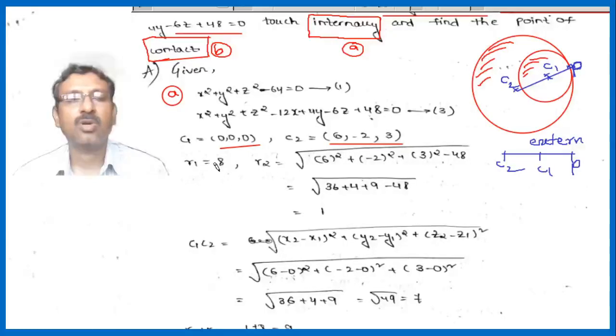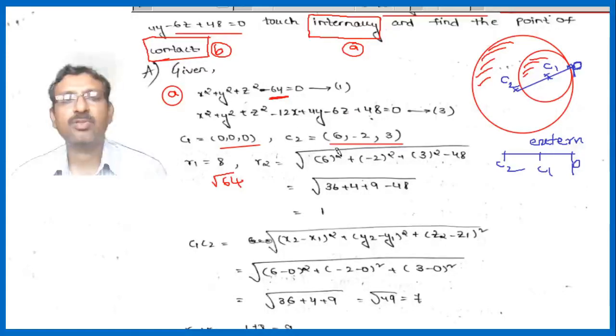So R1 is equal to the square root of 64, or we can use the formula under root u square plus v square plus w square minus d for the first sphere. For the second sphere, the radius R2 is equal to the square root of 6 square plus 2 square plus 3 square minus d, where d is 48.